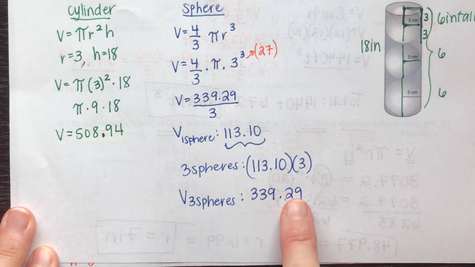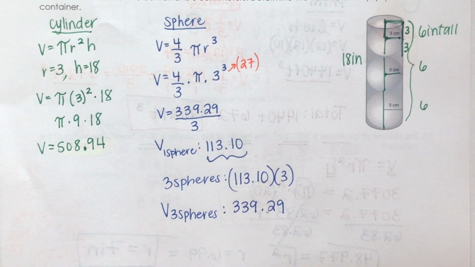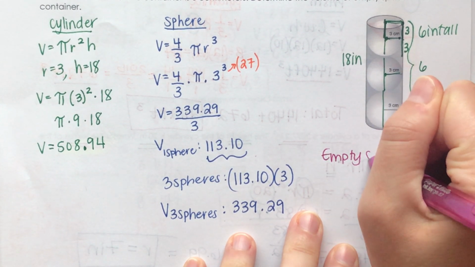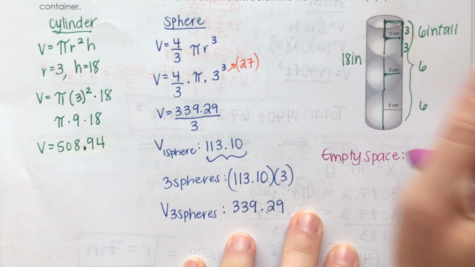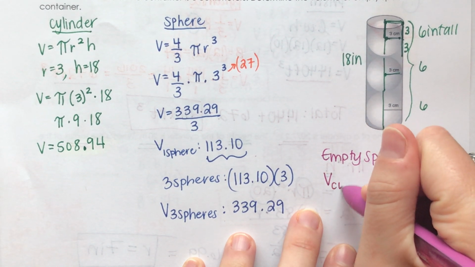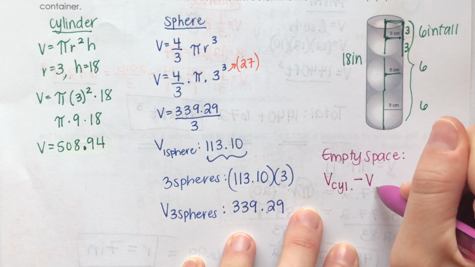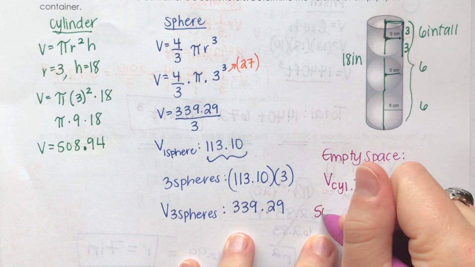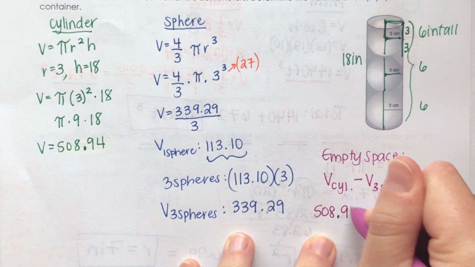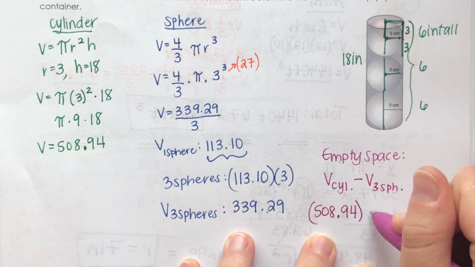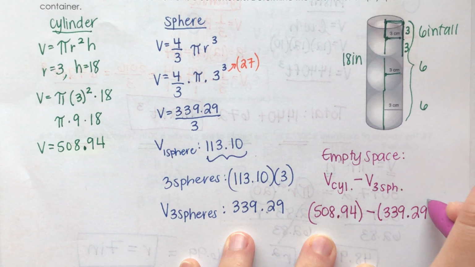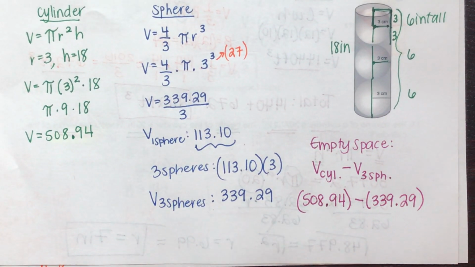Now, I've got the volume of the cylinder. I've got the volume of my 3 spheres. So my last step is I'm going to find the leftover space, the empty space. So I'm going to take the volume of my cylinder and I'm going to subtract the volume of 3 spheres. So I'm going to do 508.94 and I'm going to subtract 339.29.